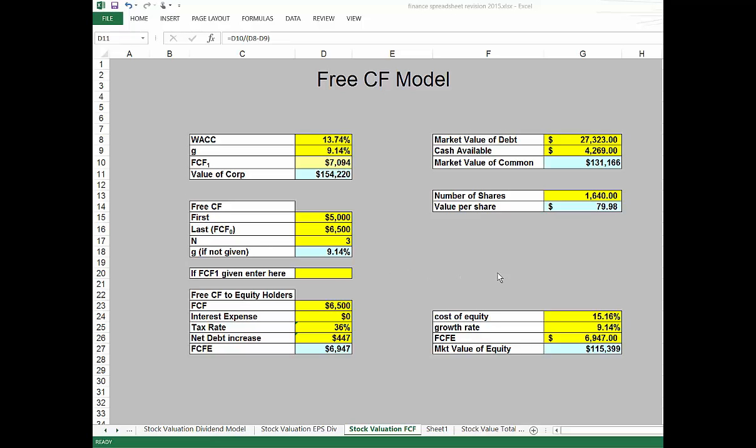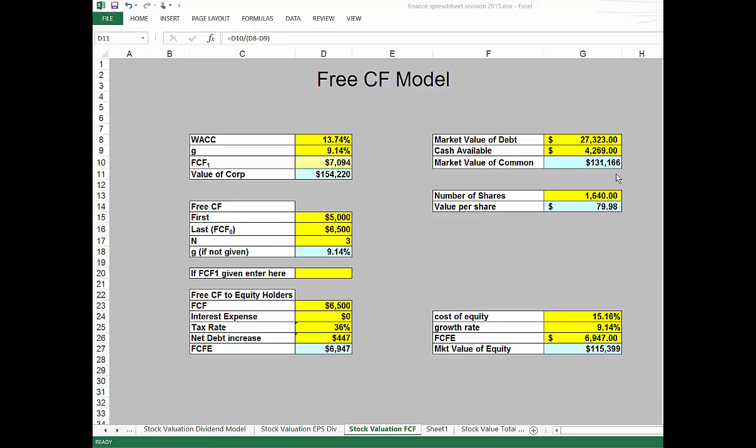Beyond that, the other things we might need to know to fill out the rest of the information here is the market value of the company's debt. How much debt do they have? And how much cash is available? So from that we end up with a calculation of the market value of common stock.